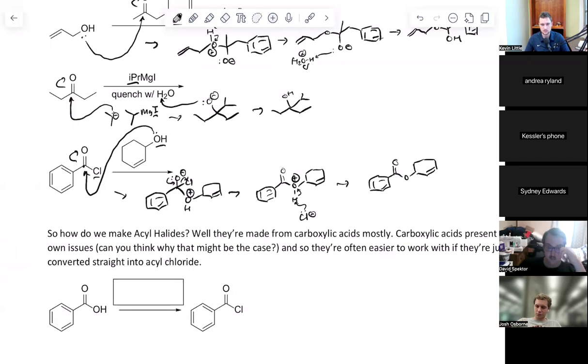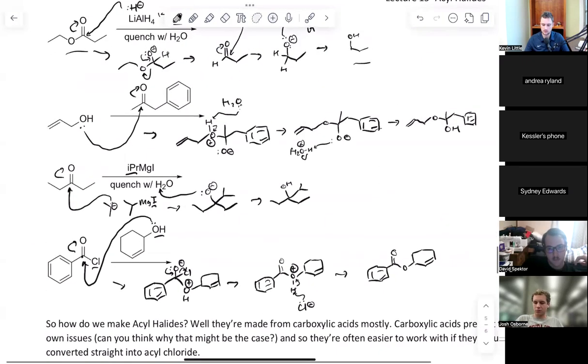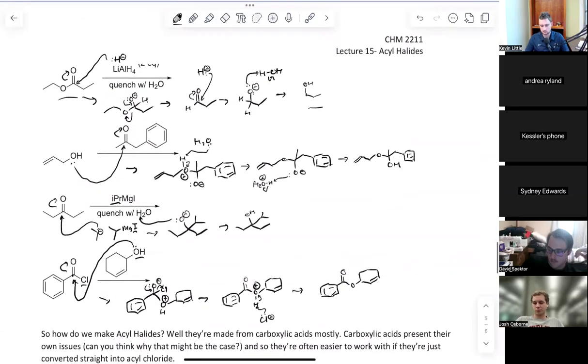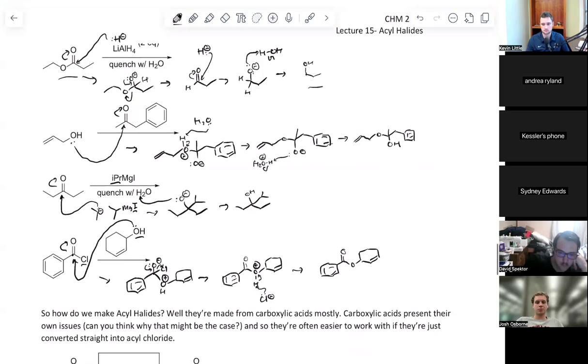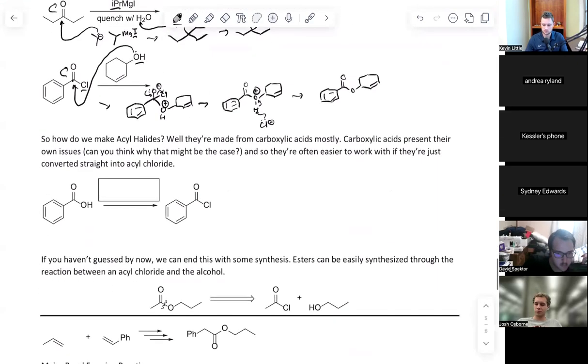So that's going to be expected of you, to be able to answer like this. A portion of the test will probably look something like this, where I give you different kinds of carbonyls, different kinds of nucleophiles, and I just let you push the arrows and tell me what the product's going to be based off of that. Where this product is going to be worth as many points as this product.